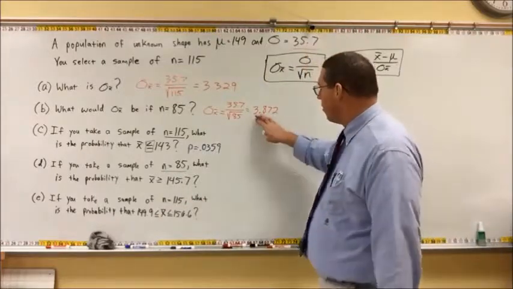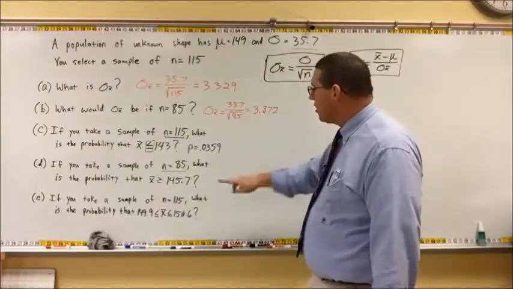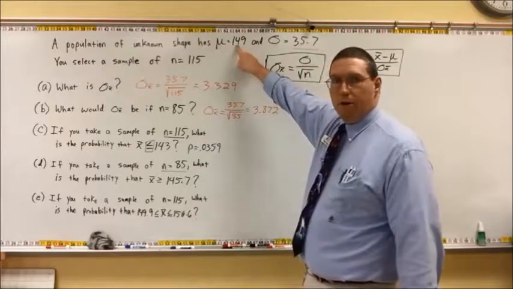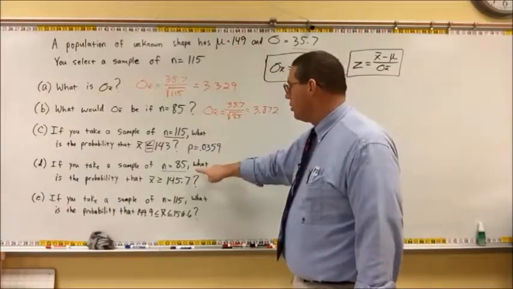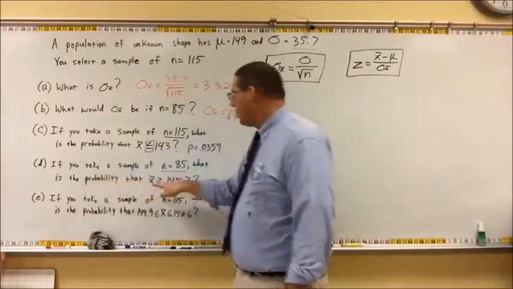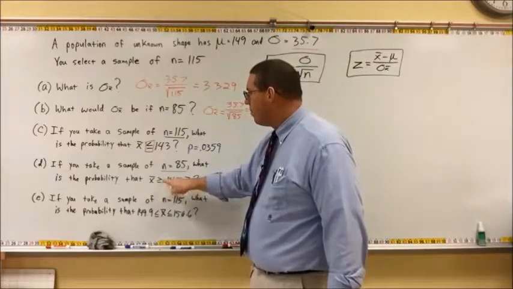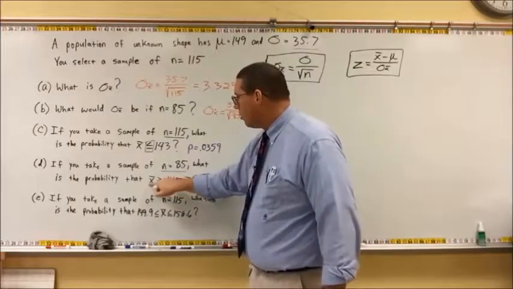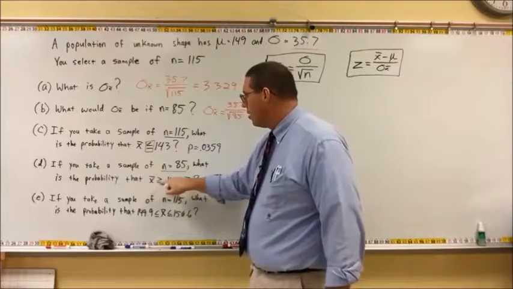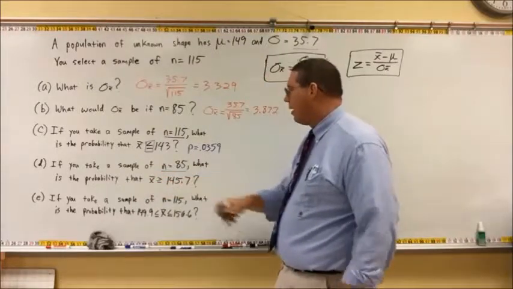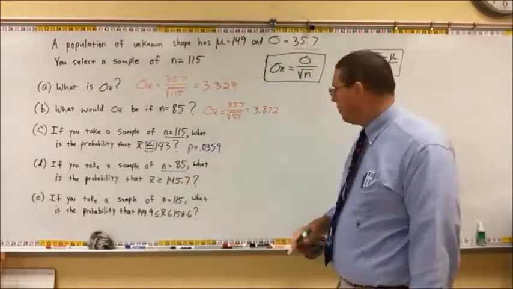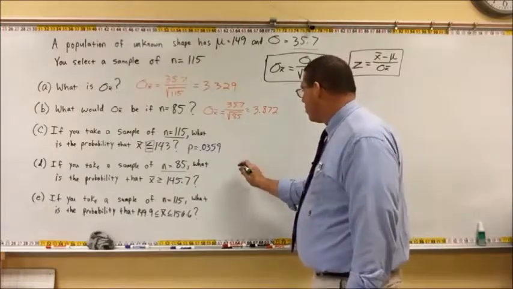We're still going to use a mu of 149, but the question says, what is the probability that your sample mean is going to be greater than 145.7? Well, we need a z-score for that.